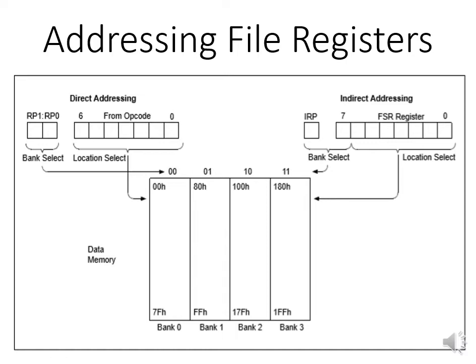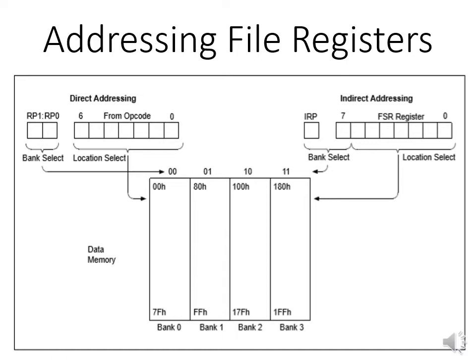The remaining 2 most significant bits are supplied from the register bank select bits RP0 and RP1. Together, the register bank select bits and the 7 bits from the instruction form a 9-bit address that identifies the particular file register in question.